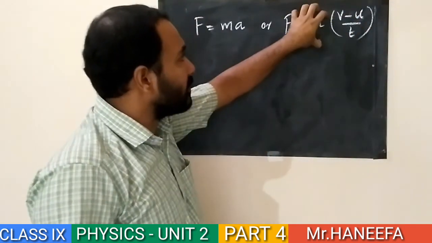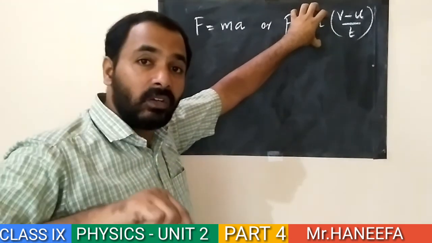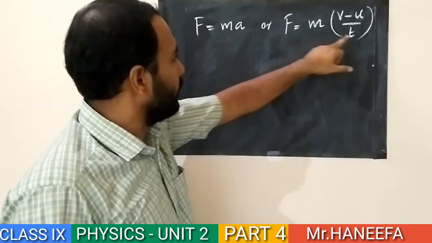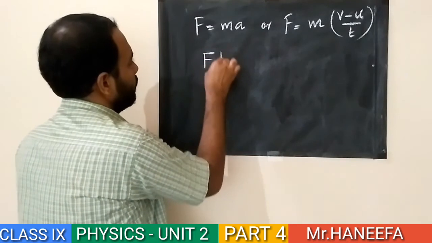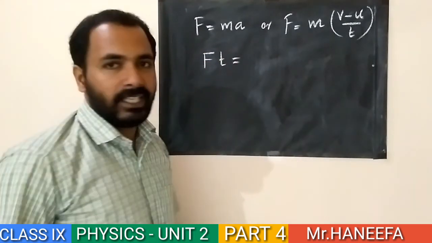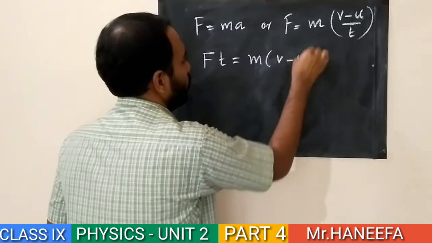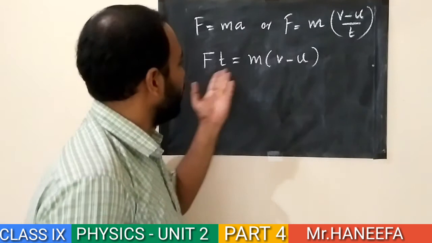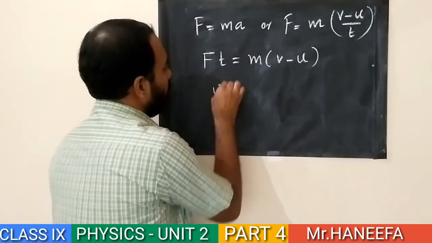Using the second law we can explain the first law. Here t is multiplied with F. Ft equal to m into (v minus u).